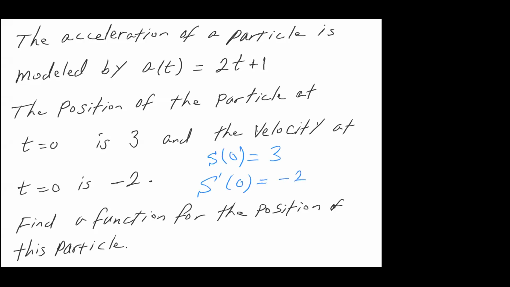Remember that we represent the position by s. The derivative of position is velocity, s prime, and the acceleration is s double prime. So this a as a function of time is in fact my s double prime.